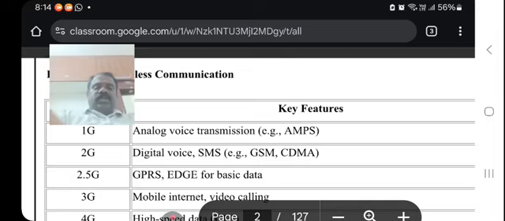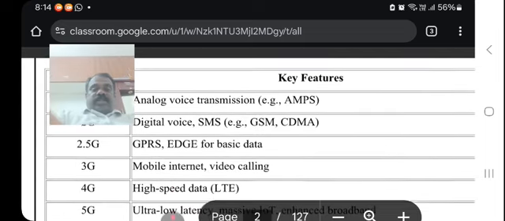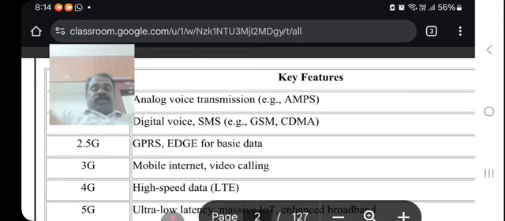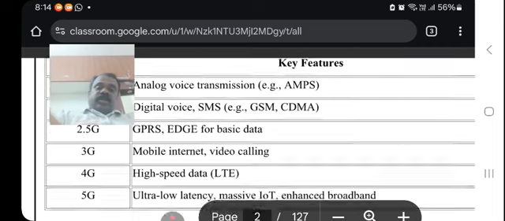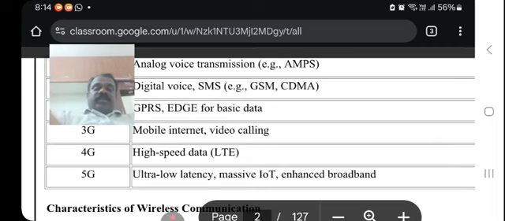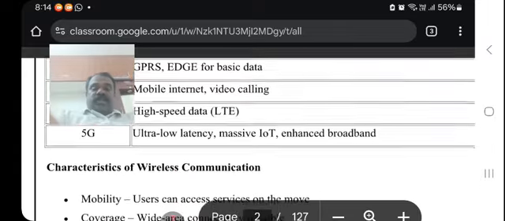Then next we use GPRS. Third generation used mobile internet, video calling, etc. Fourth generation used high speed data. Fifth generation uses ultra low latency, massive IoT and enhanced platforms. That's an advanced version of telecommunication systems, wireless communication systems.